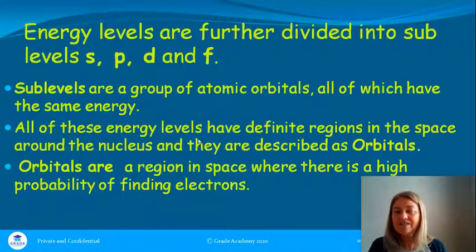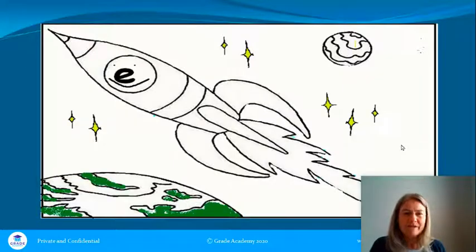All of these energy levels have definite regions in space around the nucleus, and they're described as orbitals. So an orbital is a region in space where the probability of finding an electron is high, really high. Now, I drew this picture. I know this is a little picture trying to represent an electron in an area.